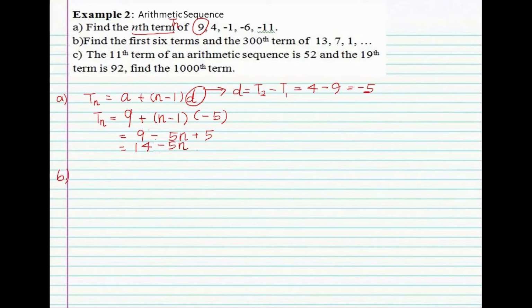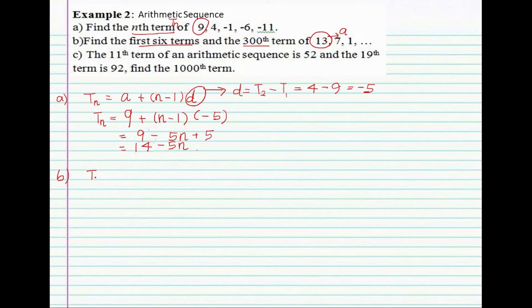Okay, part B. Find the first 6 terms. So we have to find T1 up to T6 and then find the T sub 300 of the sequence 13, 7 and 1. 13 will be our first term, and we will find the common difference after subtracting 7 and 13.